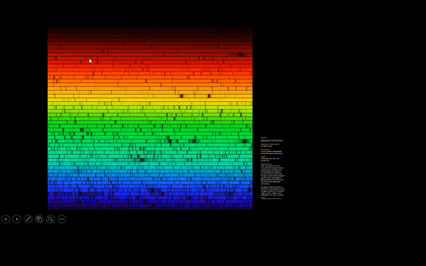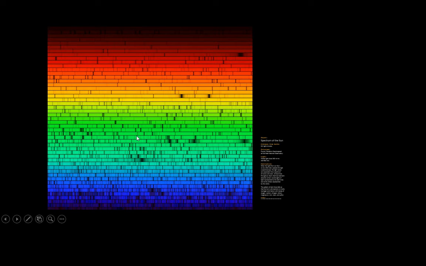But what we can see is there are these dark bands, and these dark bands are there for a reason. They are there because elements in the star are absorbing some of the energy, and when they release the energy, they don't release all of it. Some of the energy gets absorbed, and each of these bands is related to an element inside the star.